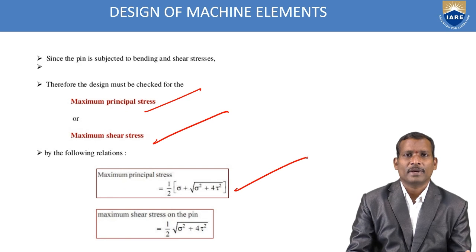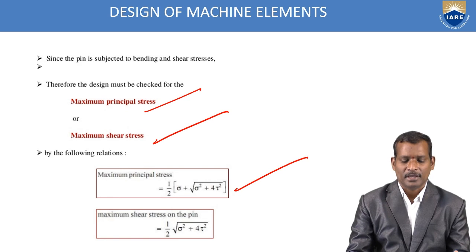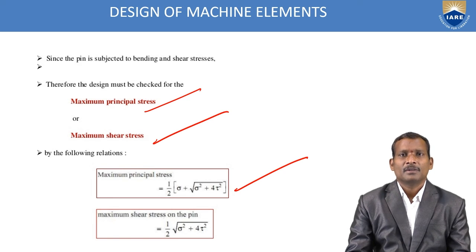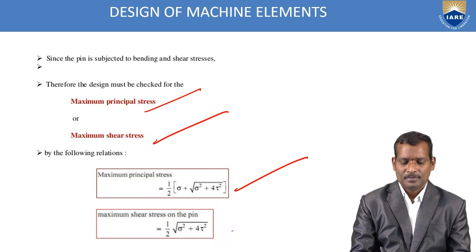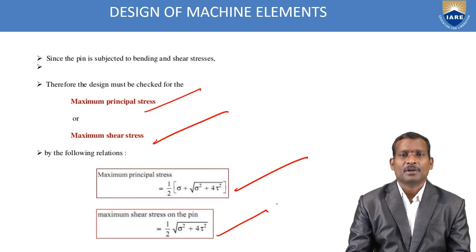You know, according to the maximum principal stress theory, what is the equation? The empirical relation: half into sigma plus the square root of sigma square plus 4 tau square. Similarly, the maximum shear stress on the pin is half into the square root of sigma square plus 4 tau square.